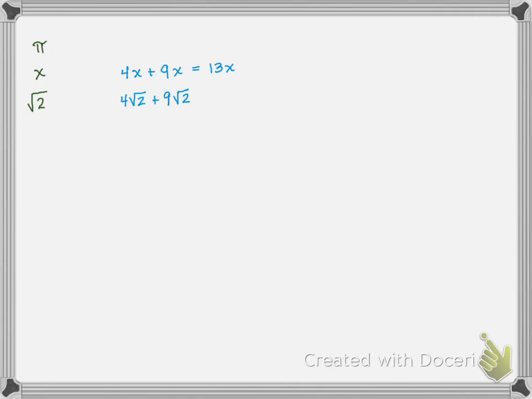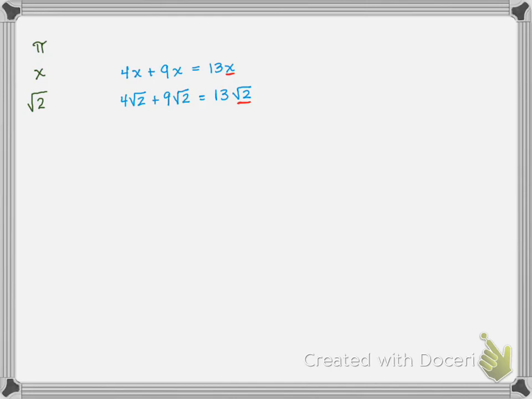So what should I get? 13 times the square root of 2. Notice that nothing happened, like I didn't add the 2's or anything like that. Just like with the x, this part of it stays exactly the same. We're just adding the coefficients.